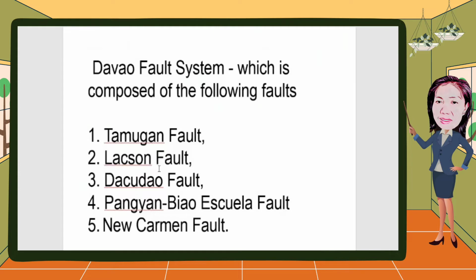So we can decide whether to build our houses or subdivision along this area. We are not allowed to build our houses along the fault because this can cause damage if there is an earthquake, because most earthquakes occur in these faults.